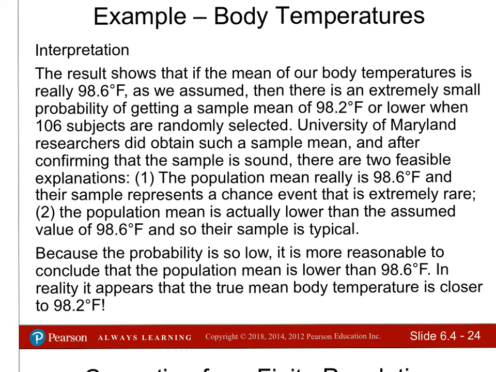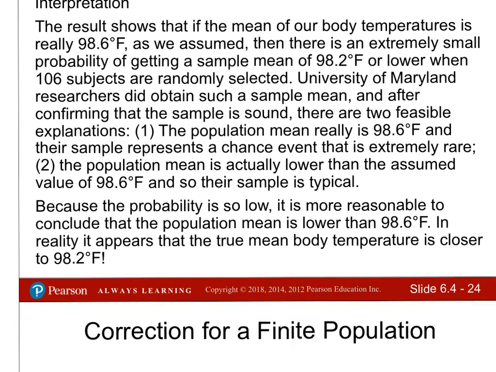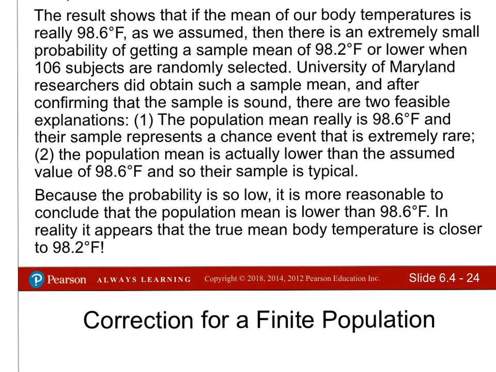Because the probability is so low, it's more reasonable to conclude that the population mean is lower. It's just really not likely that they happened to get that rare extreme case. So that means conclusion two is probably the result.